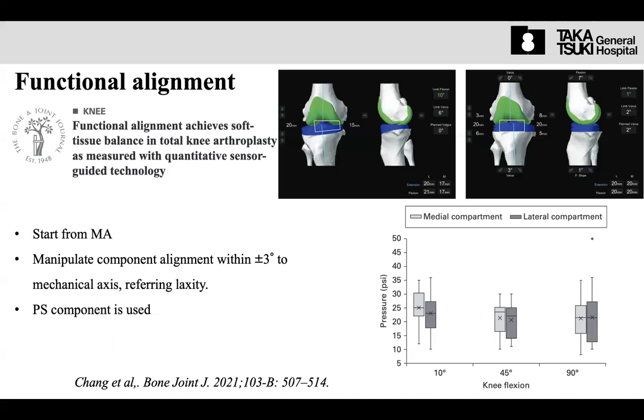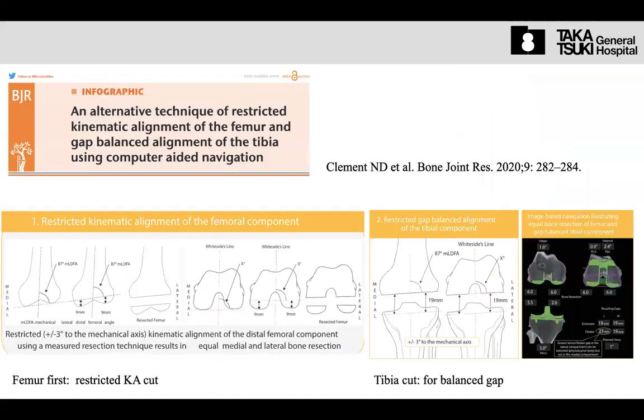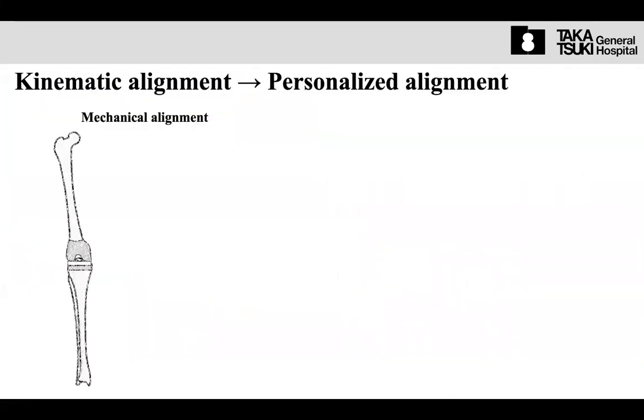So mechanical start and kinematic start maybe doesn't matter. Anyway, that is functional alignment, inverse kinematic alignment, and tibia-based and femur-first functional alignment. So theoretically there are three ways to adjust the cutting plane in the functional alignment group. And there are so many types of kinematic alignment, functional alignment, and inverse kinematic alignment.